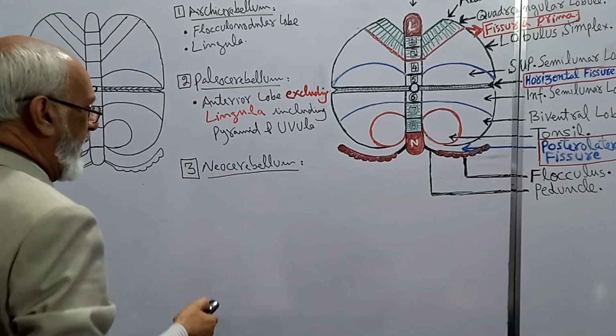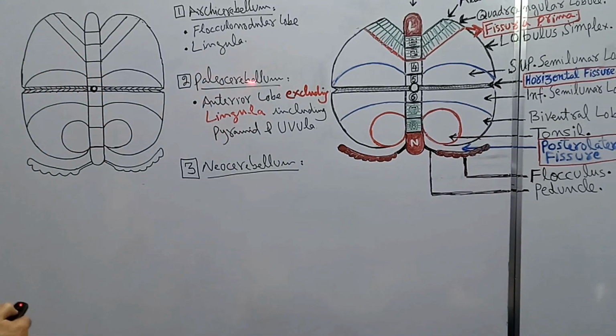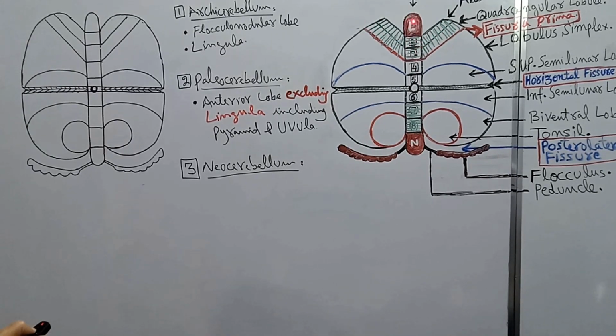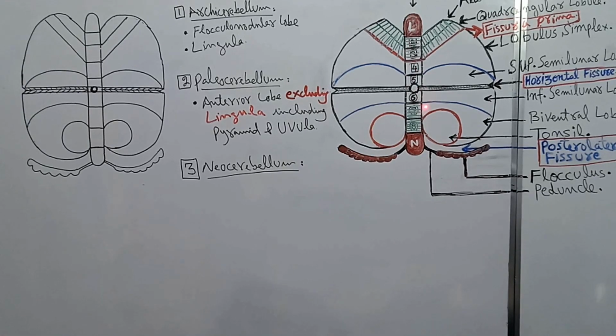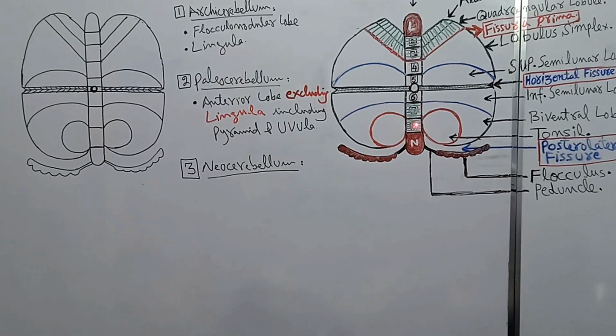Now, what are the parts of the paleocerebellum? The anterior lobe excluding the lingula, but including the uvula and pyramid of the vermis.